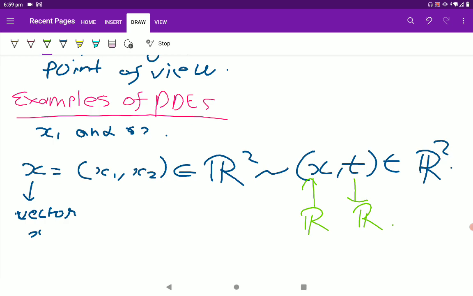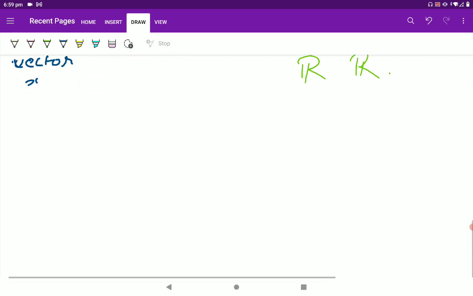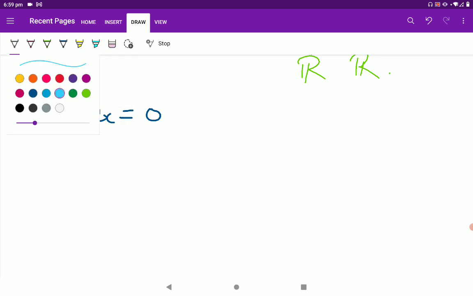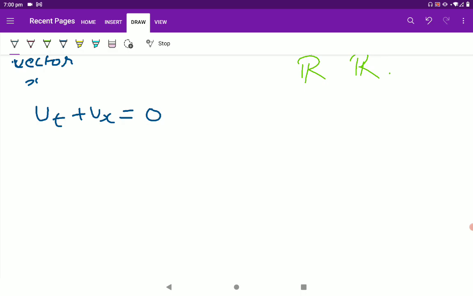Now let's see the examples of these equations. The first equation is u_t + u_x = 0. This is the transport equation. The next equation is u_t = u_xx.